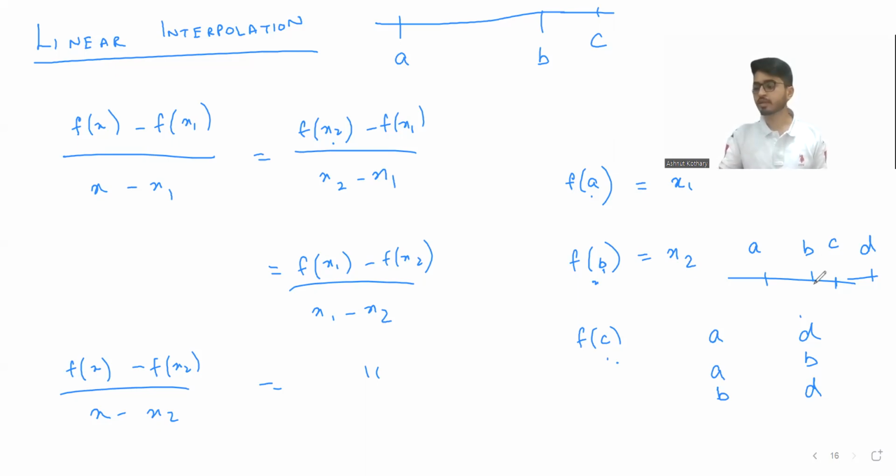Because know that we are assuming that the function is linear in nature. That is not the case. So the closer the values we take, the better approximation we might get. Because originally the function could be exponential, quadratic, cubic, it could be anything. So the closer the values are, the better will be our result. So take this down as well.